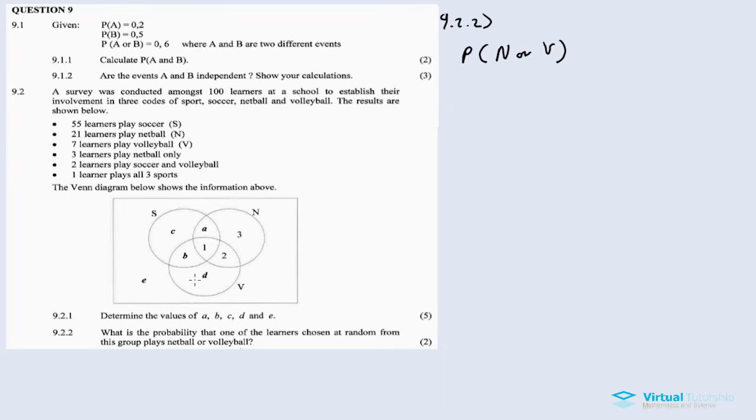So what we do here is, we say netball or volleyball, so add all the values on this side and that side and divide by 100. So it's netball and volleyball.